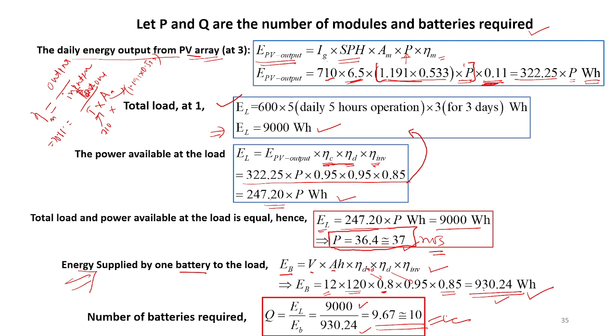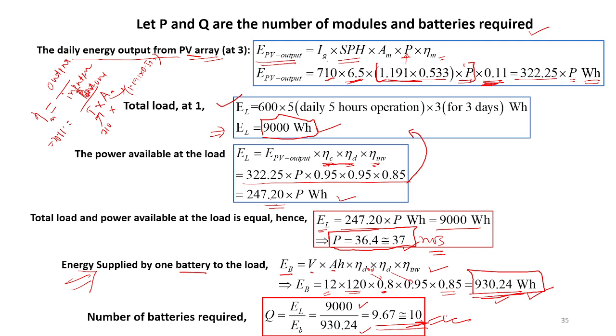We can multiply them. This is the amount of energy supplied by one battery, right? But the actual amount of energy that we require for our load condition is this much. So for the number of batteries, we will divide this total by the energy supplied by each battery. So this will give the number of batteries required for this load requirement. It will be around 10 batteries.